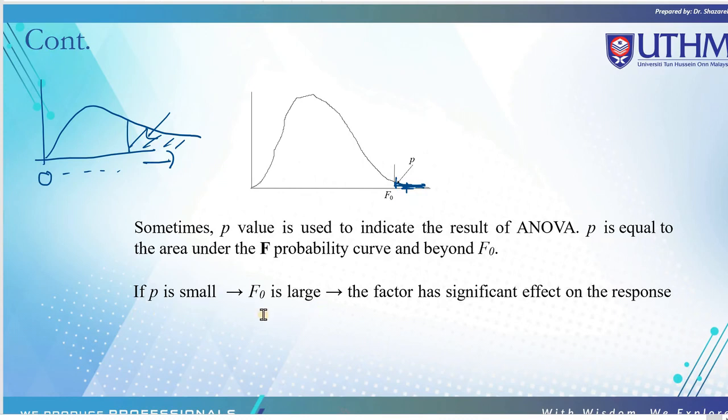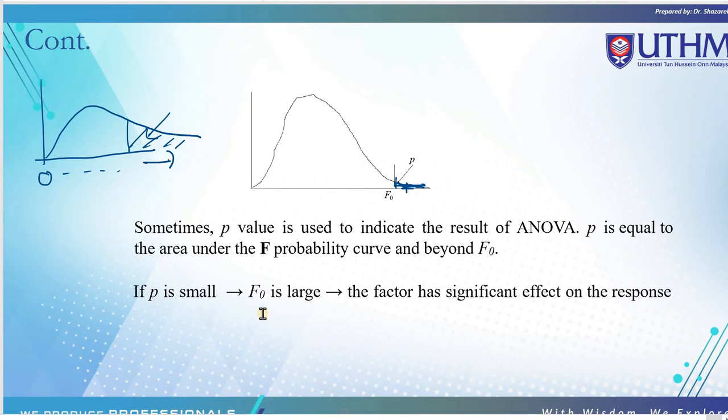And if the F naught is large, we conclude that the factor has a significant effect on the response. So this is the case where we simply find the P value from the test ratio value just now.